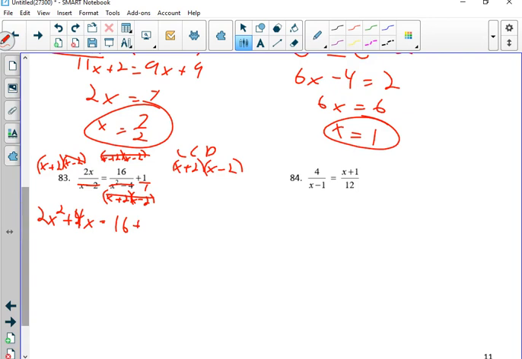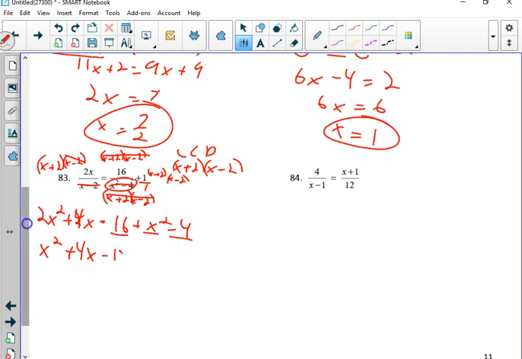Plus (x plus 2)(x minus 2) here is going to be (x plus 2)(x minus 2). But remember, I already know what that equals, so I'm just going to simplify right now. x squared minus 4. I'm going to subtract x squared from both sides and get 1x squared plus 4x. 16 minus 4 is 12.